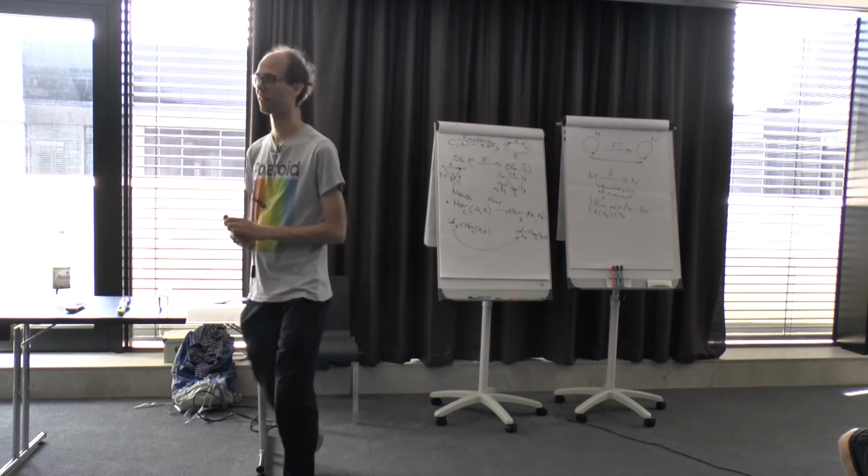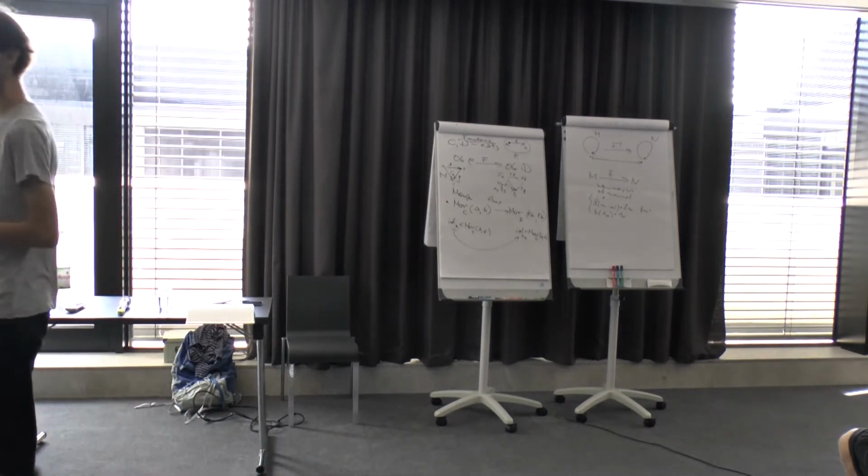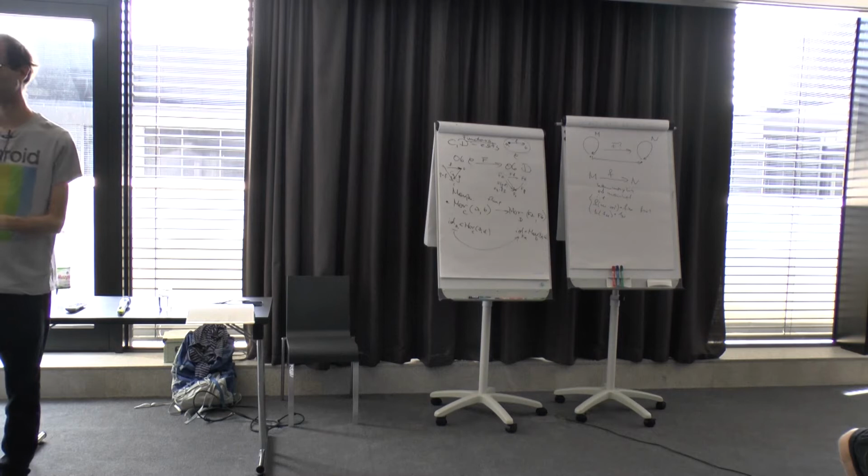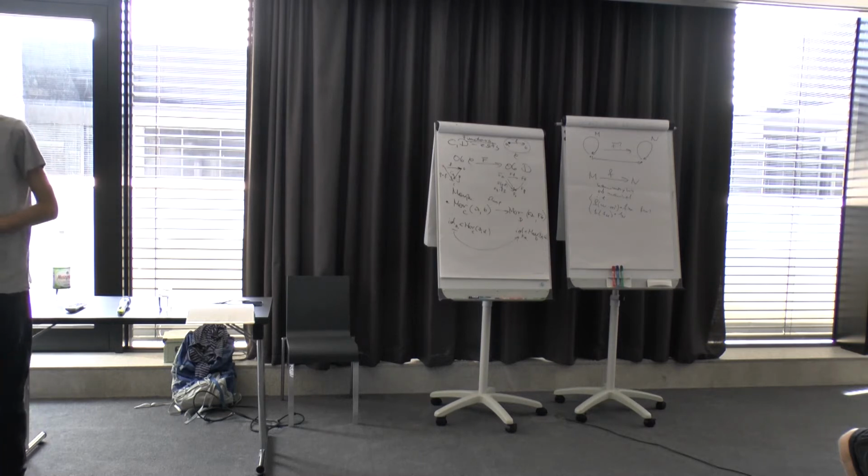So is A to B the category? Sorry? Is A to B the category? You mean the type of arrows from A to B? Is that the category? What is the B? If B would be a category itself, then you could make a category structure for every A. But I'm not sure if that answers your question.